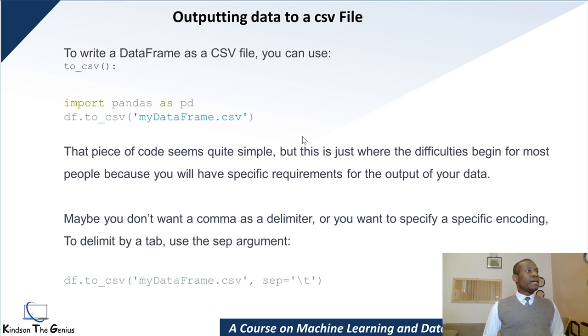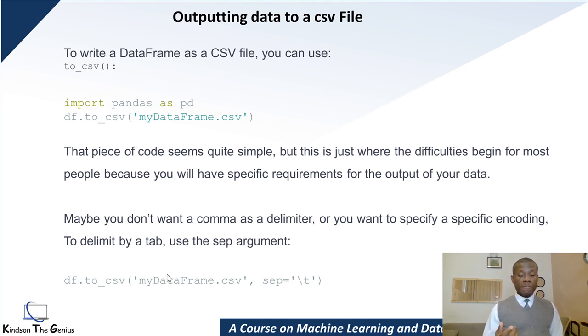So let's see where we are. Outputting data to CSV. Now, remember we have this data we imported into Python that is .data. How do we export it to .csv and work with it? I'm going to show you how to do that.